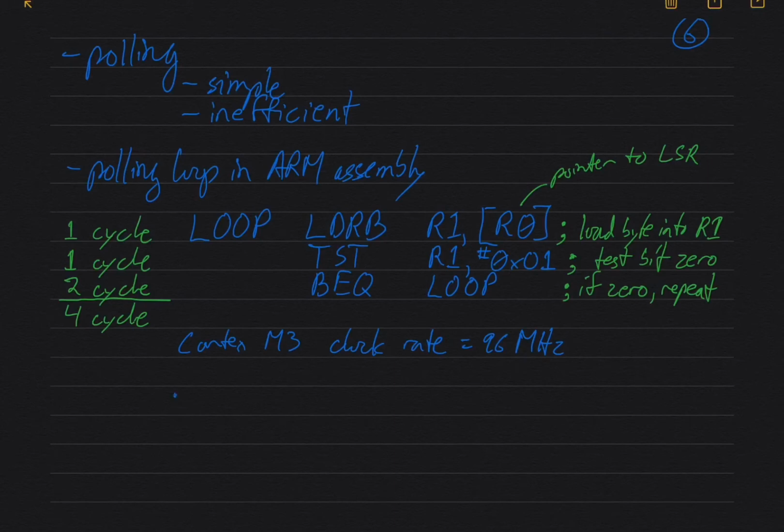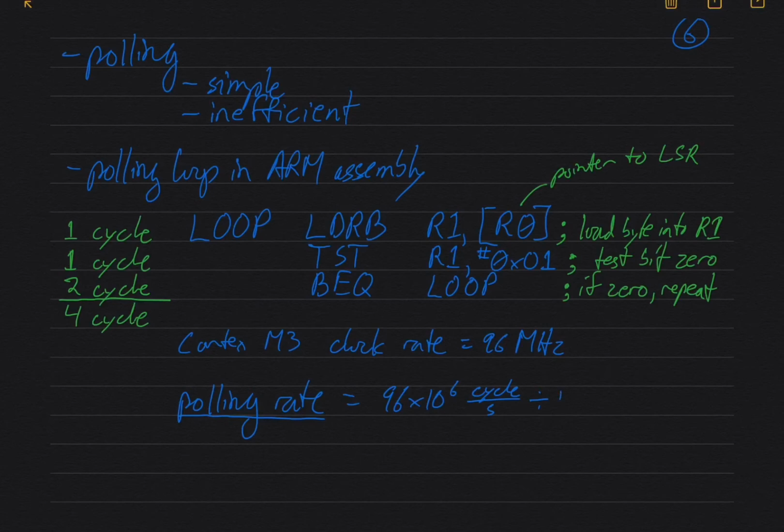What we can get out of that is the polling rate, how many times we can execute this loop in one second. It is going to be equal to 96 times 10 to the 6 cycles per second, divided by the number of cycles to execute one iteration of the loop.